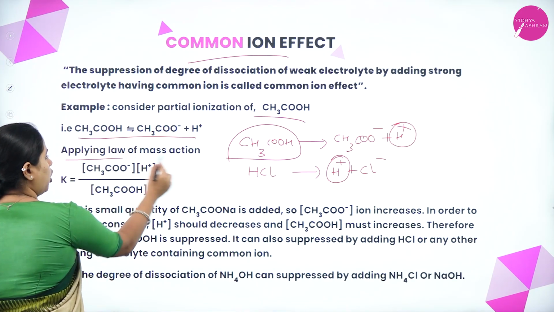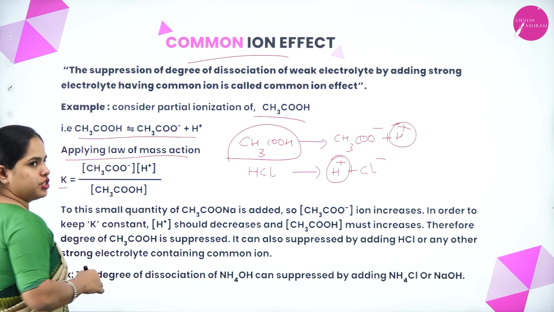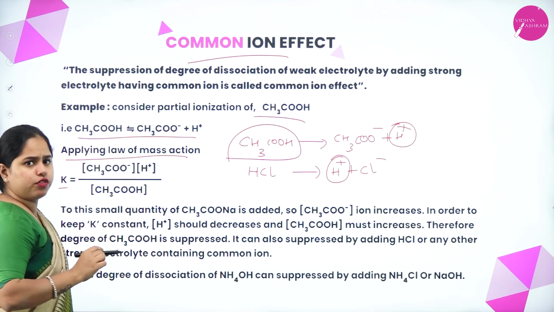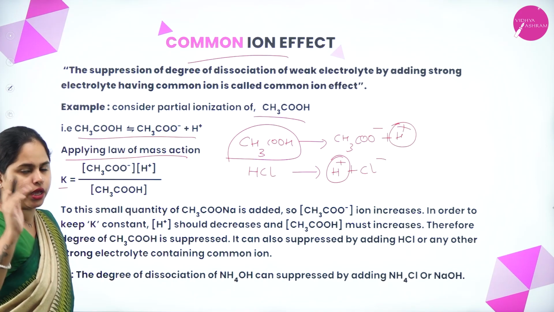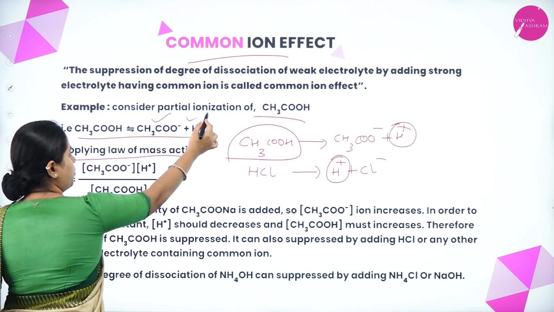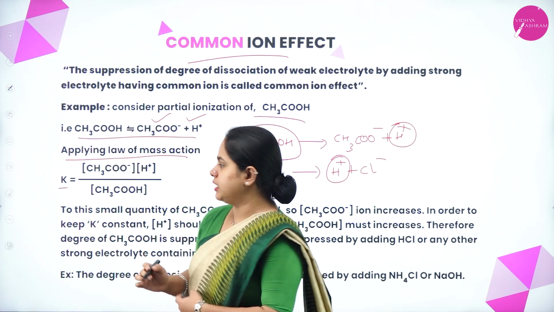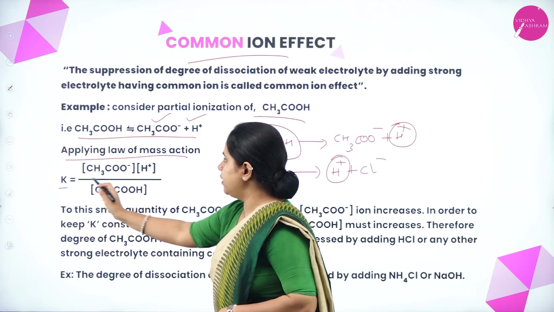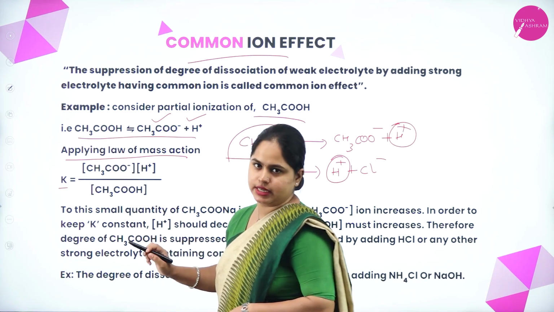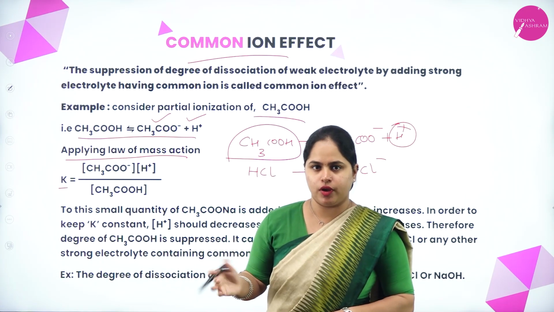So now applying the law of mass action to this equation, how do we write the equilibrium constant? It will be the product of the molar concentration of the products raised to their powers divided by the product of molar concentration of reactants, right? Which are the products here? The molar concentration of CH3COO minus and H plus, divided by the molar concentration of acetic acid. So this is how you write the equilibrium constant equation, which we already know.